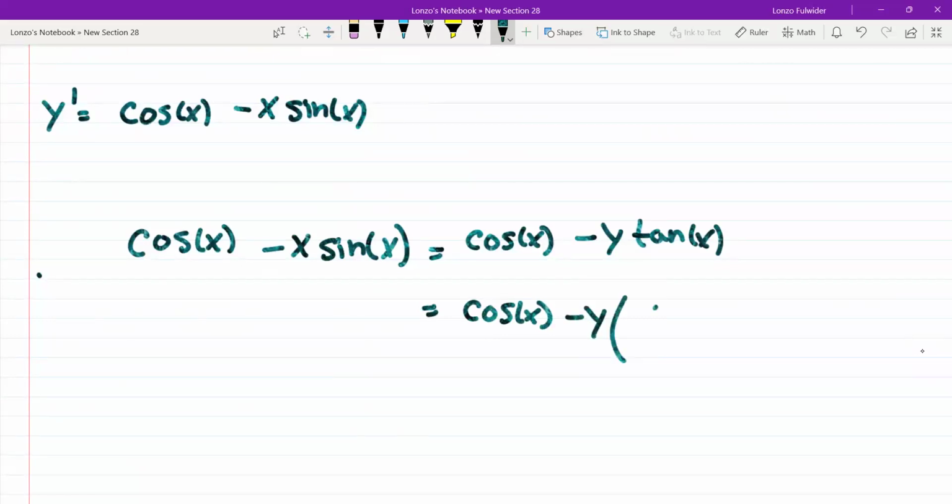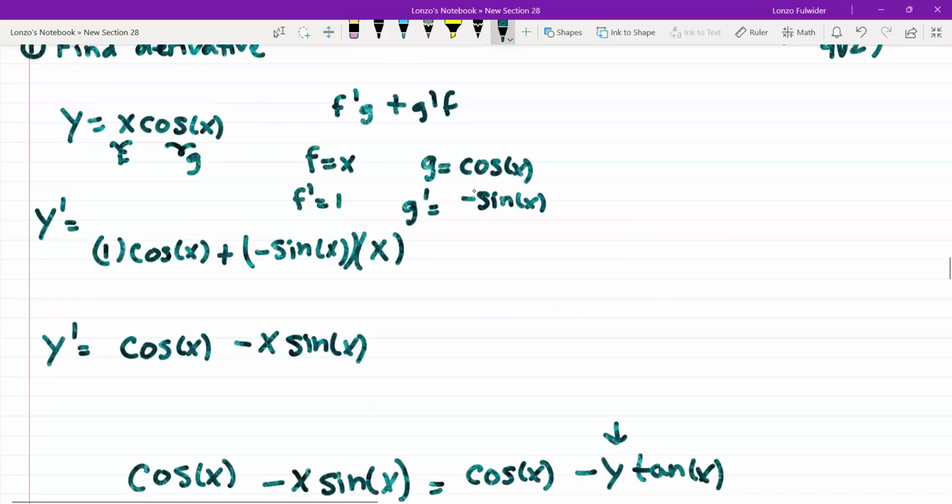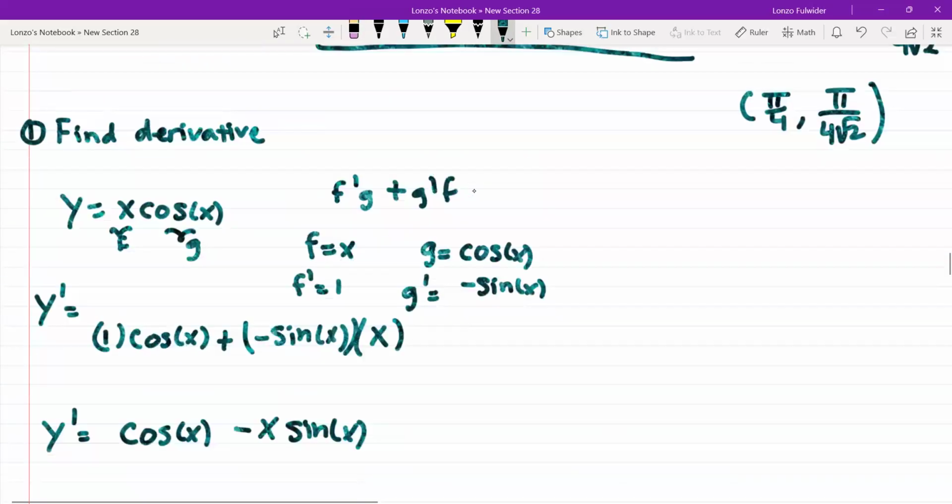Tan of x is the same thing as sine x over cosine of x. Oh, I made a mistake. We have to replace y. Do you see this y right here? We're going to replace that with x cosine x.